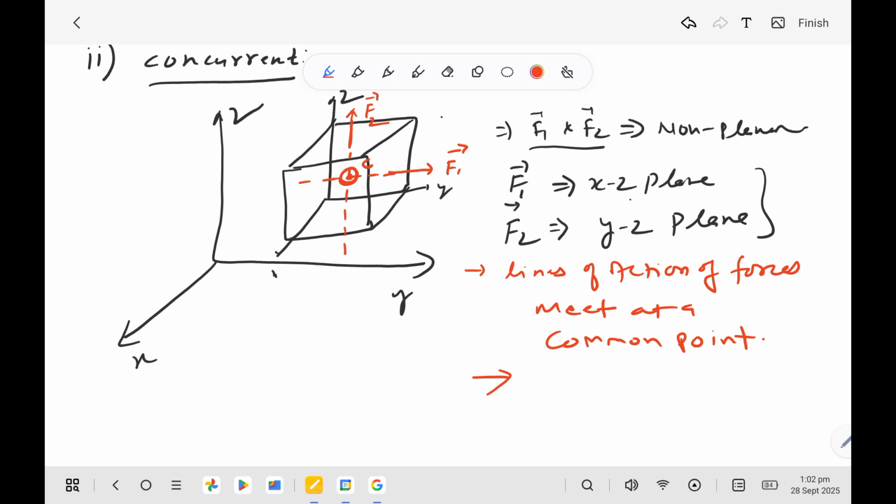So the group of such forces is called a concurrent non-coplanar system of forces. If various forces are acting on a body in space, and the forces are non-coplanar in nature, and if we draw the lines of action of all the forces acting on the body and find that they meet at a common point in space, then we call this group of forces a concurrent non-coplanar system of forces.